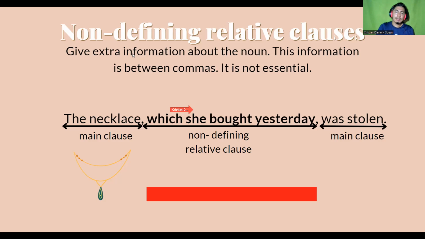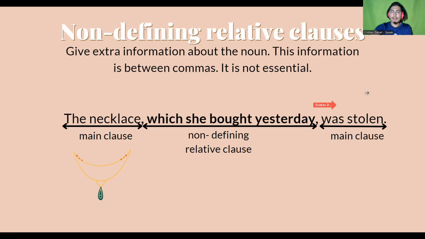It's not essential, and that's why they are always between commas. The non-defining relative clause in this case is between commas or after a comma. Okay, let's continue and pay attention to more information about it.